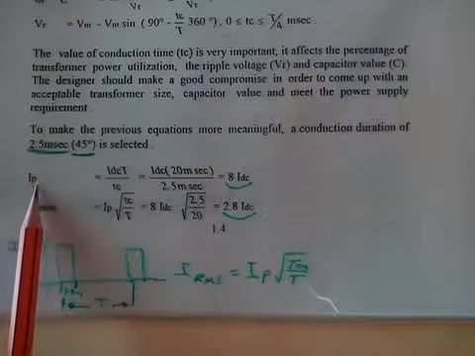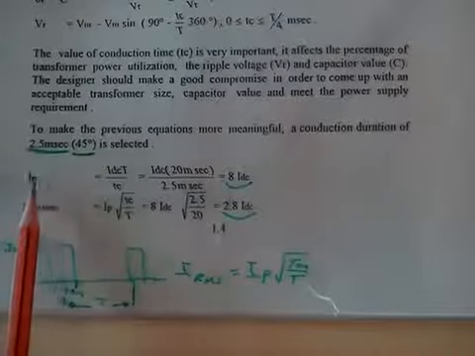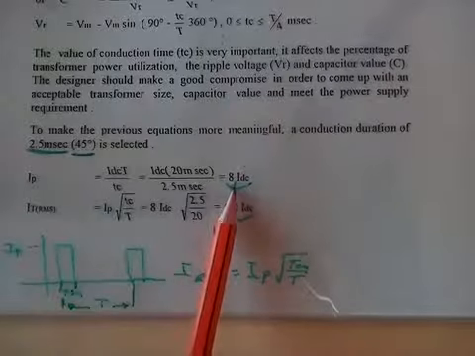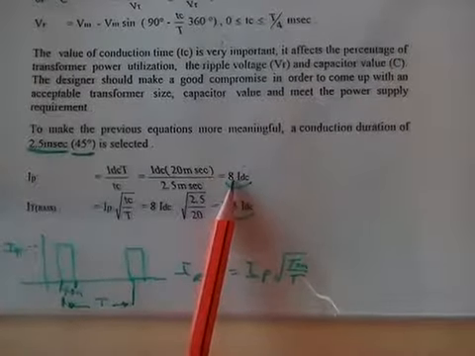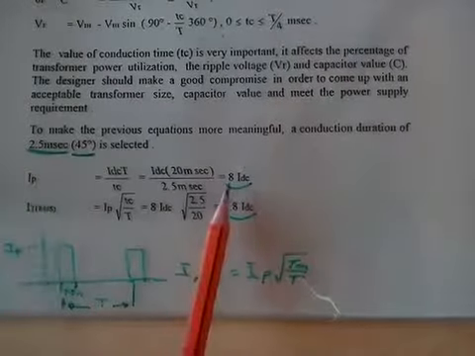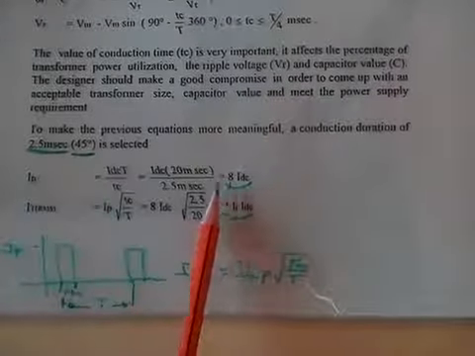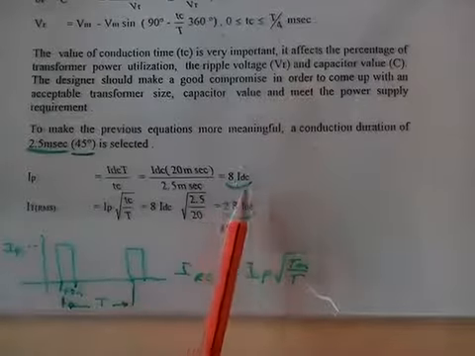I peak in this case, since we selected that 2.5 millisecond, is allowed to be equal to 8 times the IDC. Okay, so we have to supply 8 times that current in a very short duration into the cap, so the cap will be able to supply that energy throughout the cycle when the transformer is off.